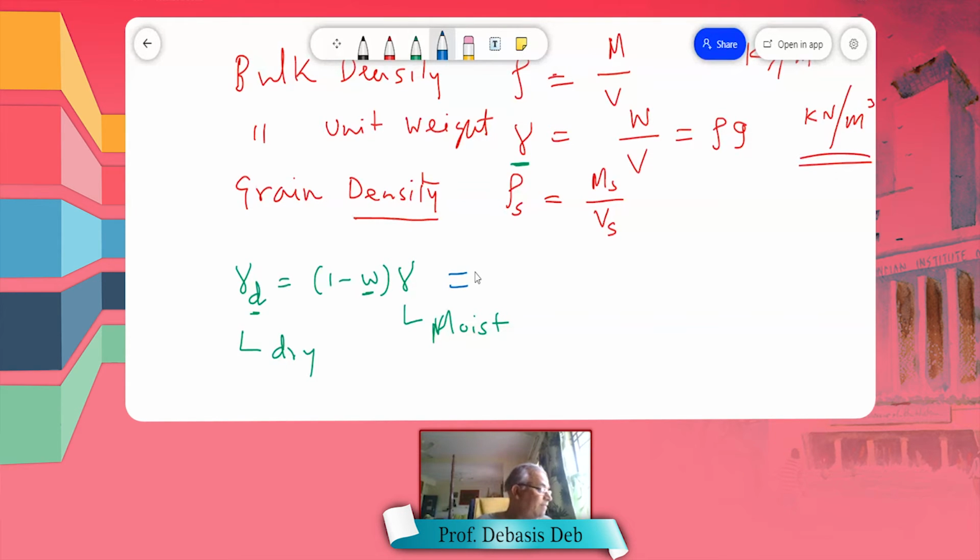Weight of solid divided by total volume, right? Okay, good. Can you start from here and find that out? Now, what is gamma? I already gave you the total weight by volume. So the volume is already there. Now you just have to relate to that.